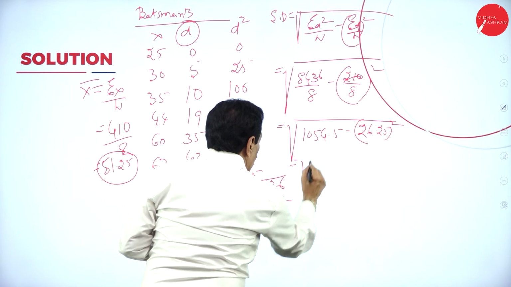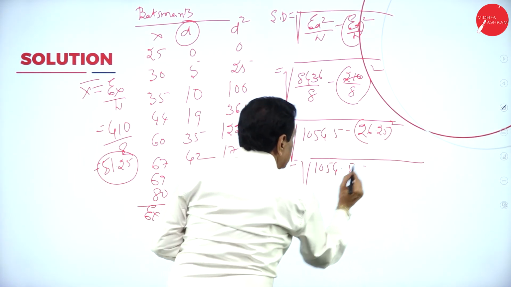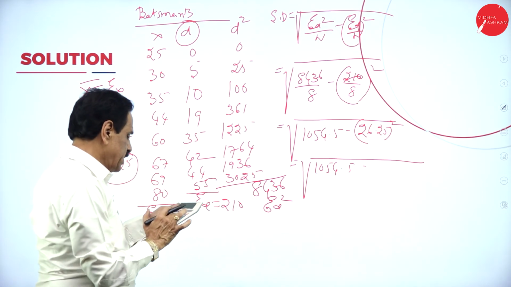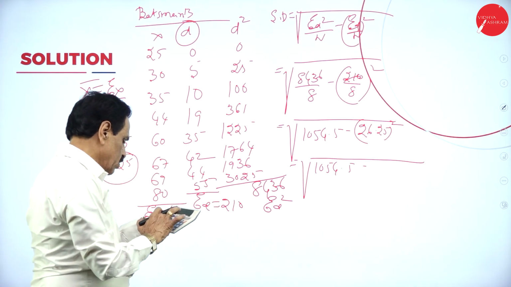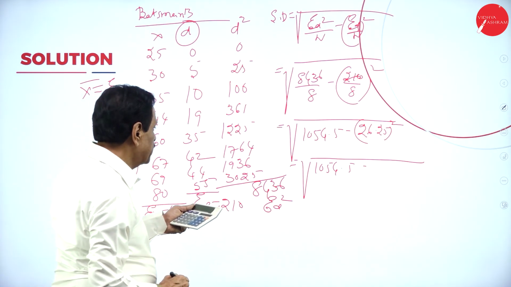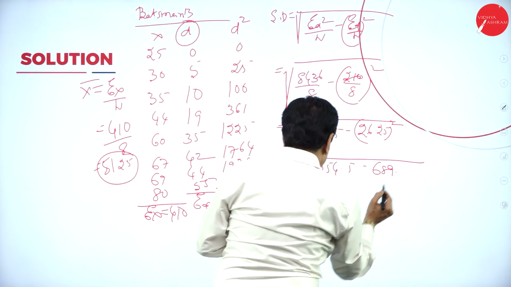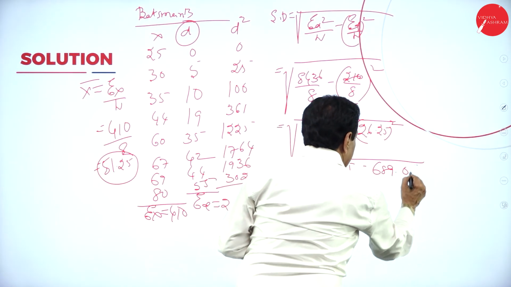Simplify. 1054.5 minus 26.25 into 26.25, that is 689.06.